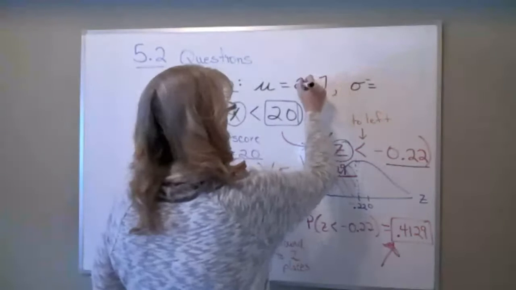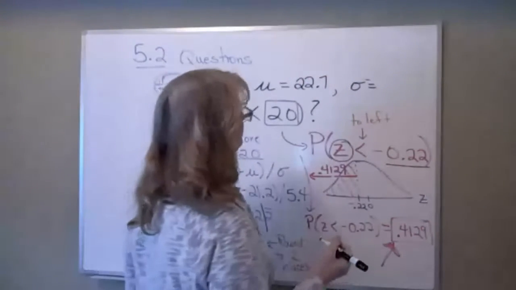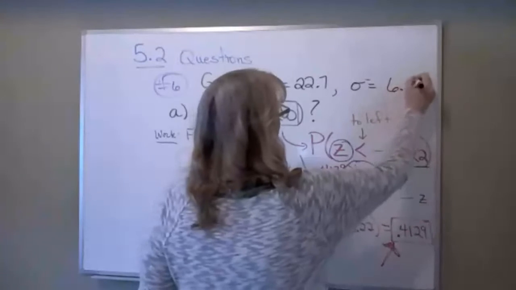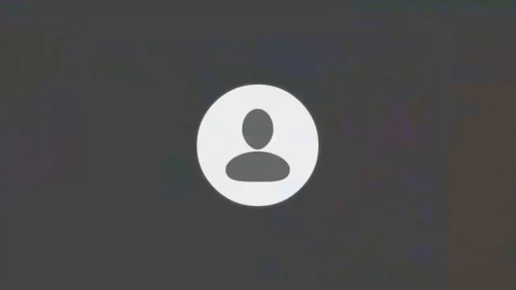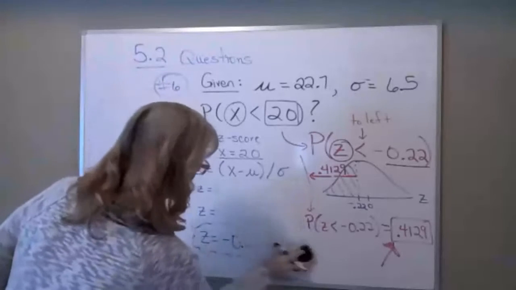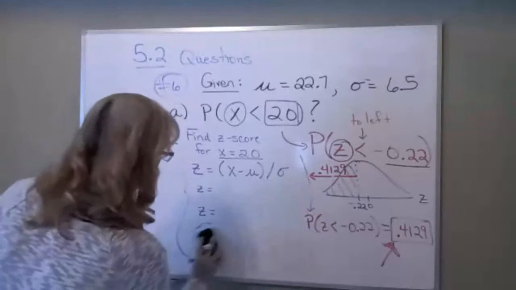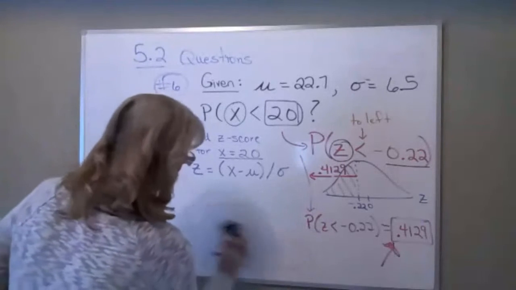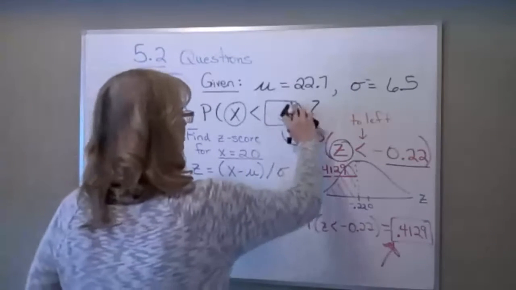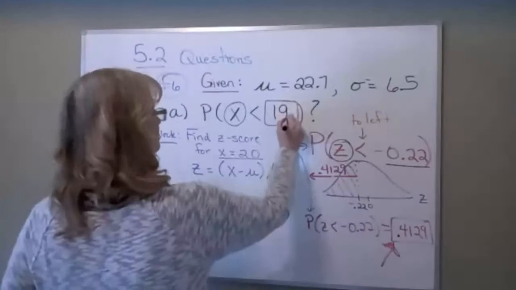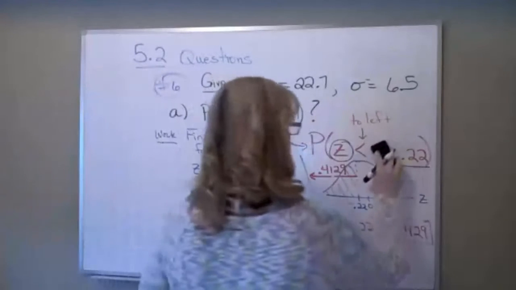And what's the standard deviation on your problem, Stephanie? It's 6.5. 6.5. And on your question for part A, what did it say? Find the probability that a randomly selected test score is below what number? What was the number in yours? Less than 19. 19? Yes. Okay.